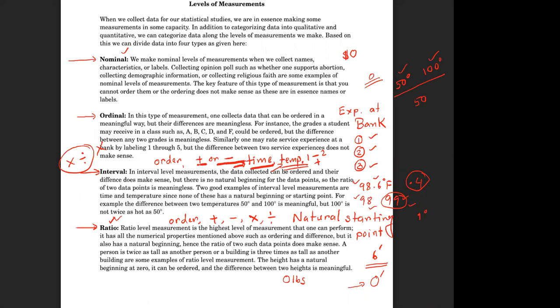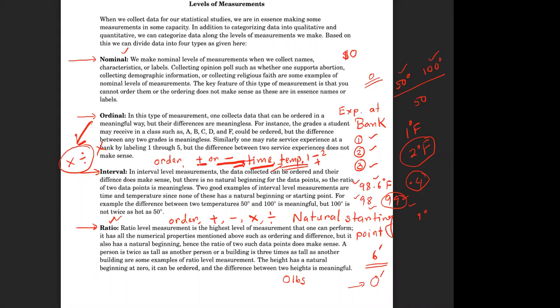Here you do not have a natural starting point, so you cannot do multiplication and division. Or if in Boston during the winter it's 1 degree Fahrenheit and in New York City it is 2 degrees Fahrenheit, you couldn't say it's twice as hot in New York City. It really doesn't make a whole lot of sense, right?